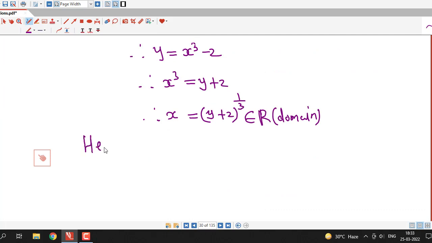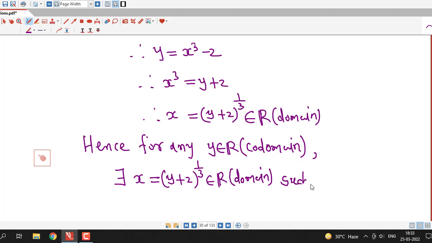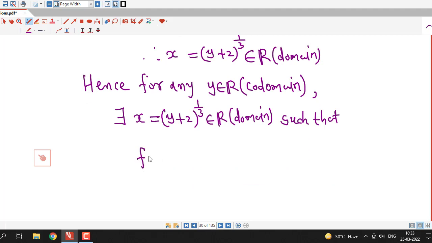So now we can write that hence for any y in the codomain, which is the set of real numbers, there exists x, which we have obtained as (y plus 2) raised to 1 by 3, in the domain, such that if we find out the value of the function at this x, then that is going to be equal to y.